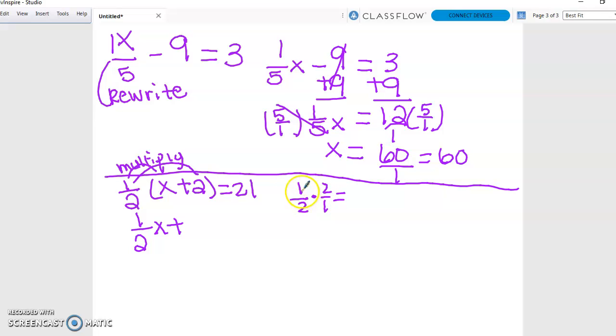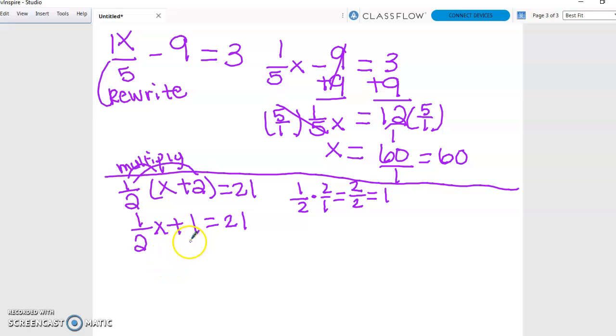Okay? So I'm multiplying 1/2 times 2, but in order to make 2 a fraction, like I said, I put it over 1. So 1 times 2 is 2. 2 times 1 is 2. And 2 over 2 equals 1 when you divide it. So now I have 1/2 x plus 1 equals 21. Remember, you can pause me so that you can slow that part down if need be. All right.